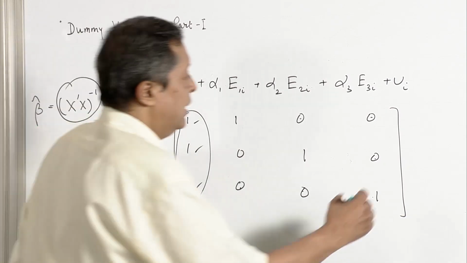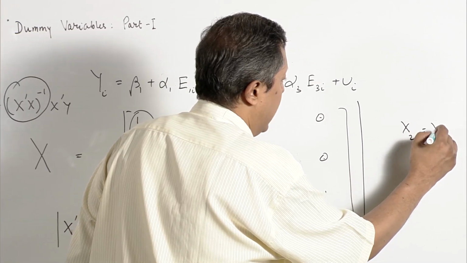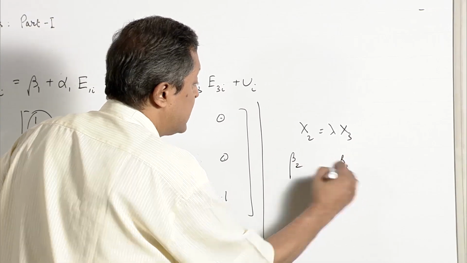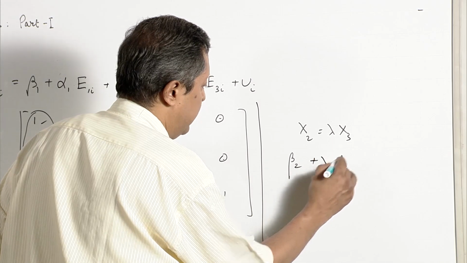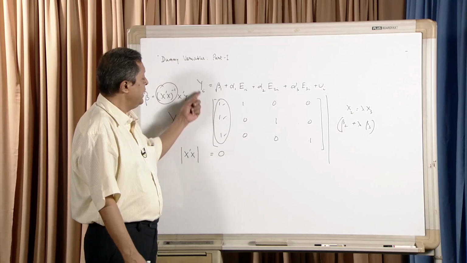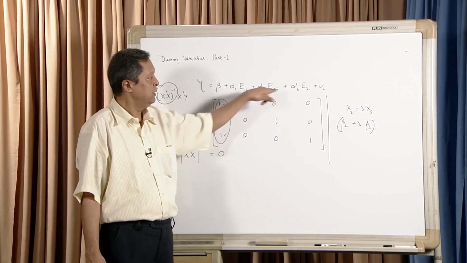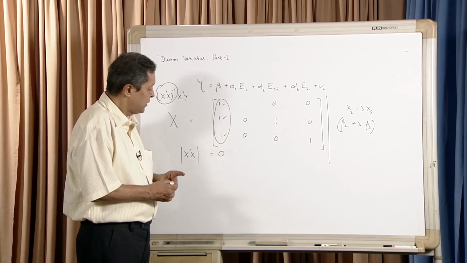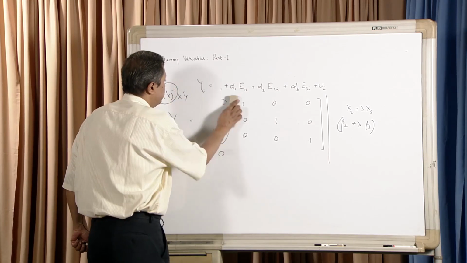Just like earlier in the simple example, I had shown you that x3 is equal to lambda x2 means we cannot get beta 2 and beta 3 separately. We will get one compact beta 2 plus lambda beta 3. So, this is the problem that we encounter if we bring in an intercept together with all the 3 categories, all the 3 possibilities. What is the way out? Yes, we can have 3 dummy variables for 3 levels of education, but then we have to drop the intercept.